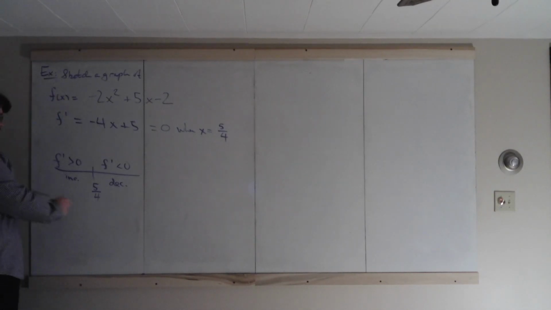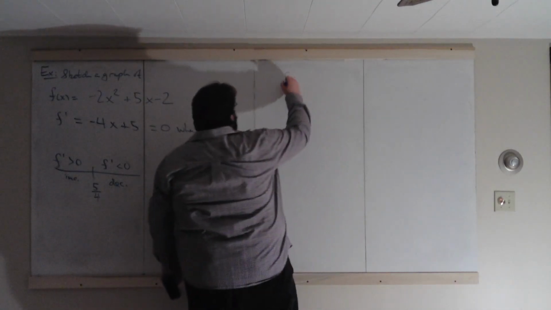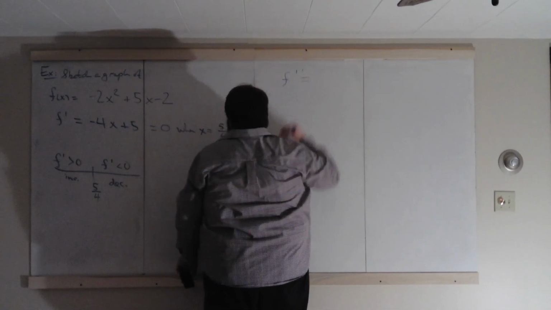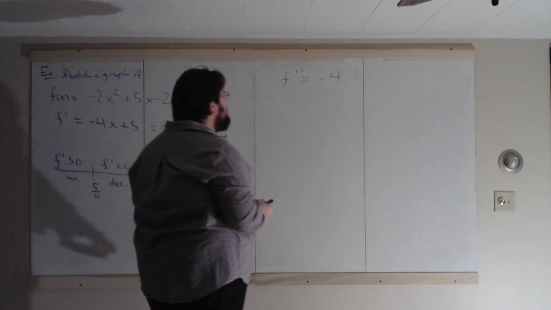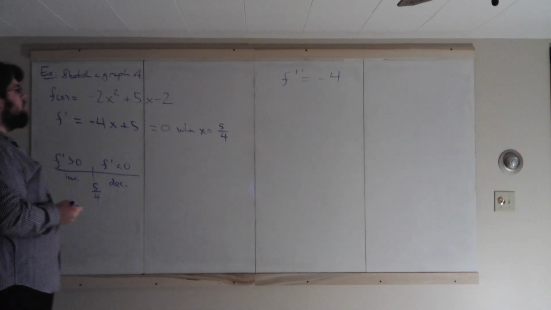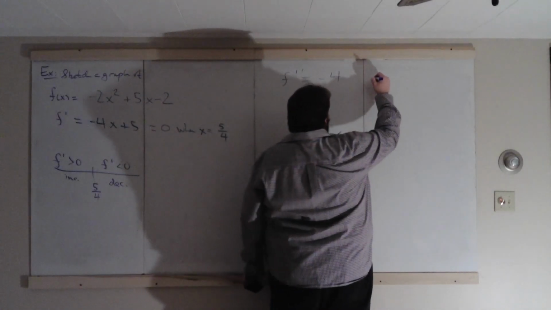Let's do the second derivative down here now, in the same spot I did it over here. F double prime equals negative 4. Well, where is negative 4 equal to 0? Negative 4 is never 0.